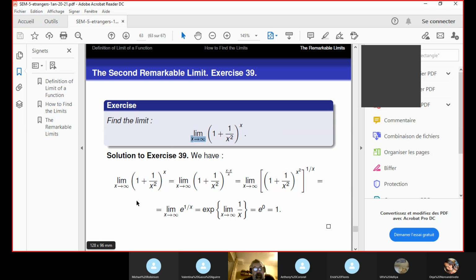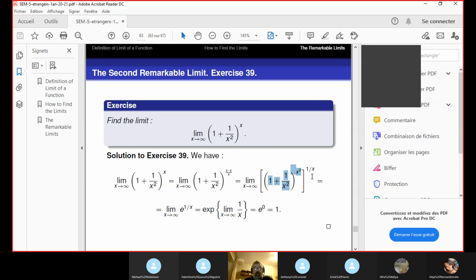Then, as in the previous case, you see, I want to have for my bracket a power x squared in order to use the second remarkable limit. So I rewrite my limit in the following way: 1 plus 1 over x squared to the power x squared, and all these to the power 1 over x.